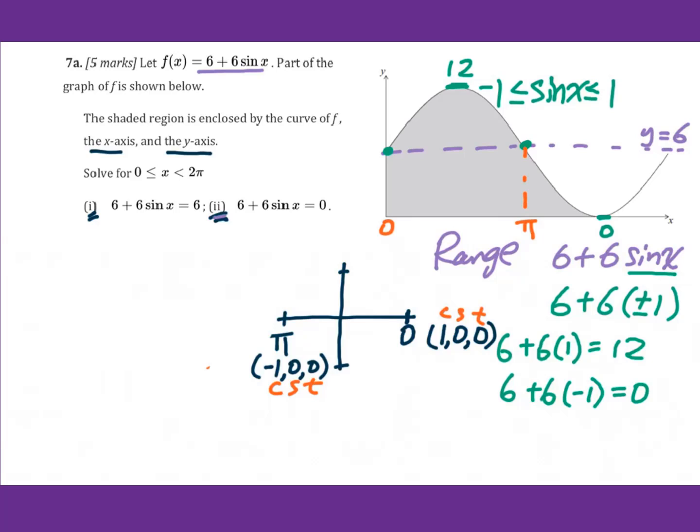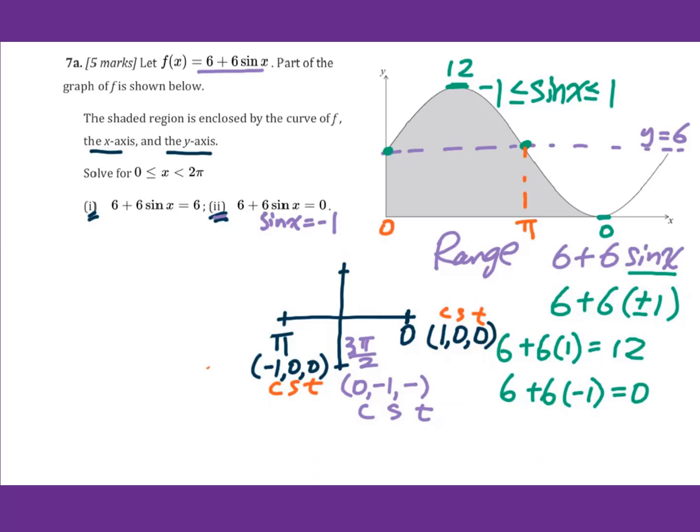For the second equation, you will get sine x equals negative 1. This x is a quadrantal angle. Therefore, you will check this one is (0, -1), undefined. That is 3 pi over 2.